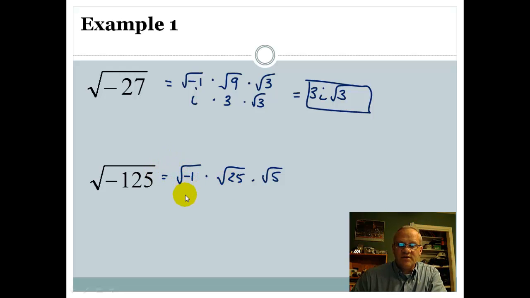So square root of negative 1, that's I. Square root of 25 is 5, and then square root of 5, and so altogether, 5I square root of 5. Okay?